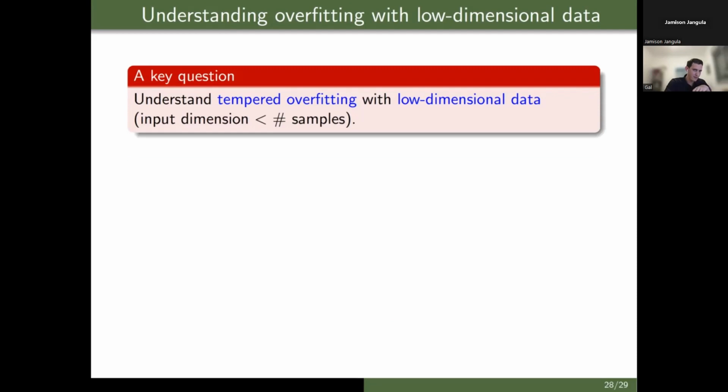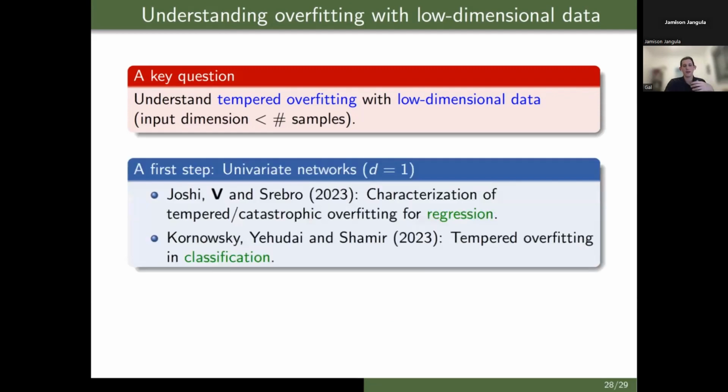And as a first step, we already analyzed the case of univariate networks where the input dimension is 1, where d equals 1. In a recent work, we analyzed tempered overfitting in this setting, and we gave some characterization of tempered versus catastrophic overfitting in a regression setting with univariate networks.